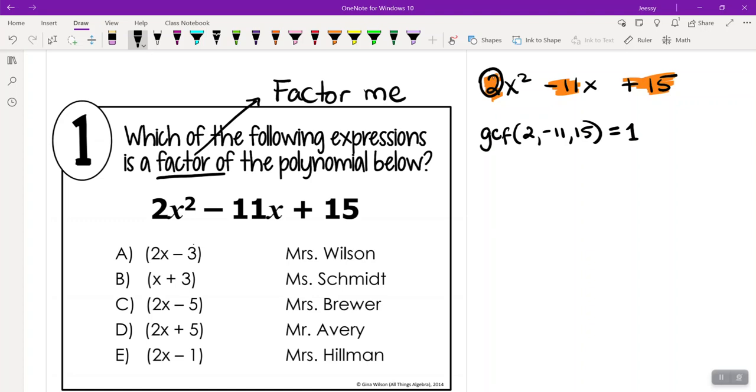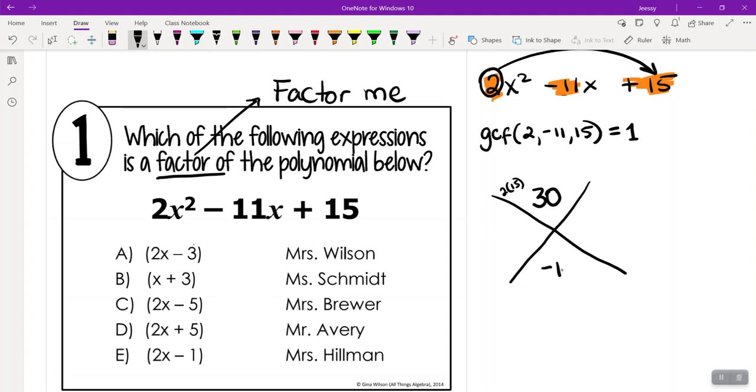So that means that you'll need to multiply and divide when setting up your X. So in the top, we do 2 times 15. All right, somebody with a calculator, what is 2 times 15? 30. And then the b value, the middle number, is negative 11. That's going to be the sum.